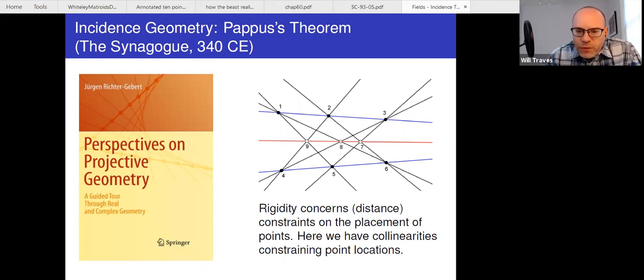It's forced on you. In a sense, it's looking at collinearities that constrain point locations instead of distance constraints that are constraining point locations. And so in that sense, I think this is a very appropriate topic for the rigidity semester.